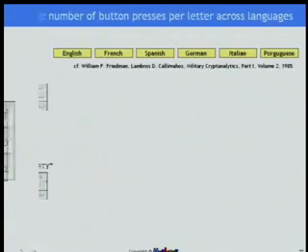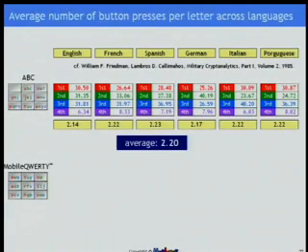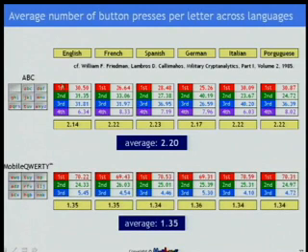And this is the ABC layout and our layout. We at first started with the English language alone, but we found that other languages also show similar characteristics. This is average 2.2, and these all show an average of 1.35. So we concluded that on average, they show similar behavior across languages.